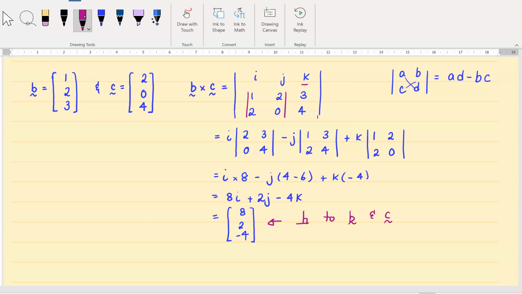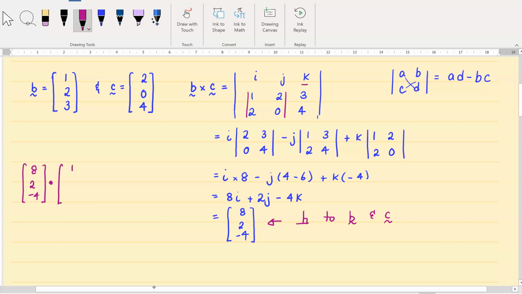This is our new vector. So if I now say 8, 2, minus 4, let's find the scalar or dot product with B. So this now becomes 8 times 1, it's 8, 2 times 2, so plus 4, minus 4 times 3, which is 12, and you can see it's 0, so that means it definitely is perpendicular to B. We can check pretty quickly. 2 times 8 is 16, and 4 times minus 4 is minus 16, so it's also perpendicular to C. So pretty impressive.